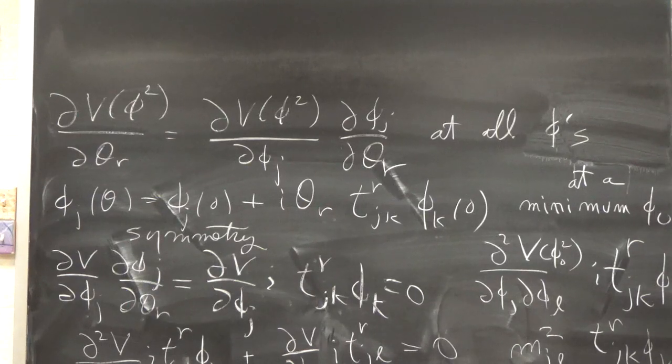So if this vector doesn't vanish, then it's an eigenvector of the mass squared matrix with eigenvalue 0.